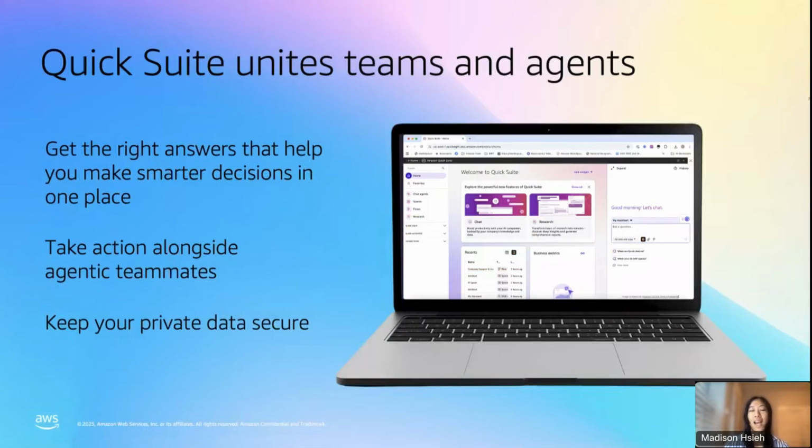This is what it looks like here. This screen shows you the homepage, and this is a general overview. Like I said, Amazon Quick Suite allows you to bring multiple different types of agents to act as your agentic teammates. It helps you get the right answers to make smarter decisions within your data and your context, and it helps you to take actions with the help of the agentic teammates that you have within Amazon Quick.